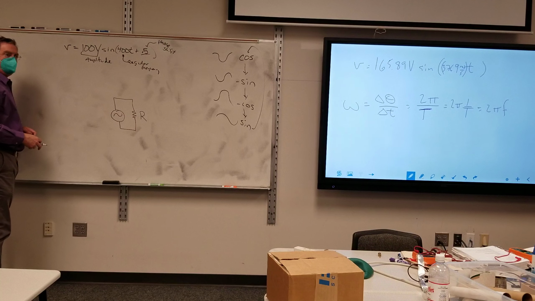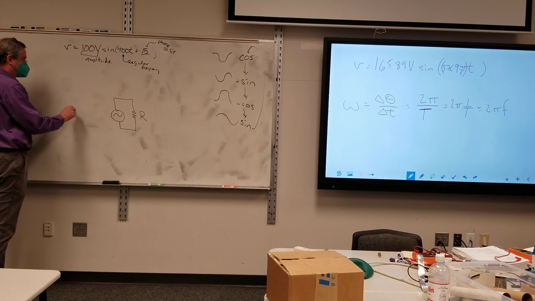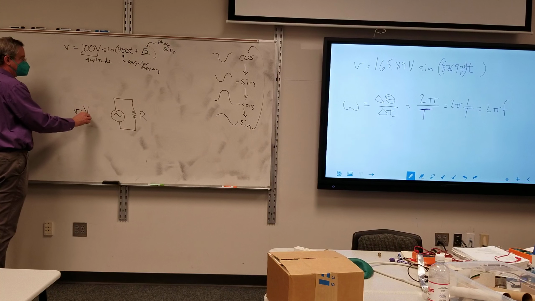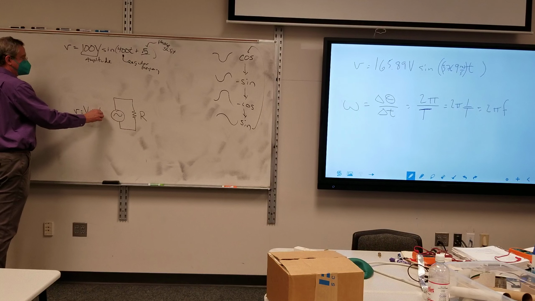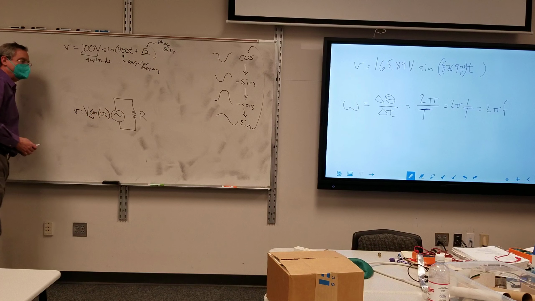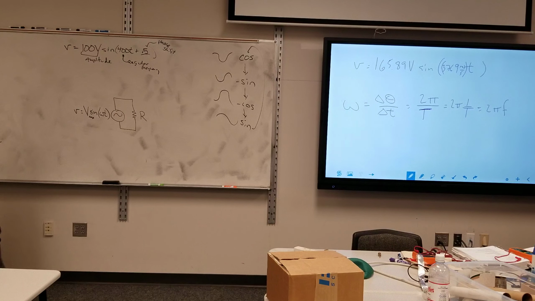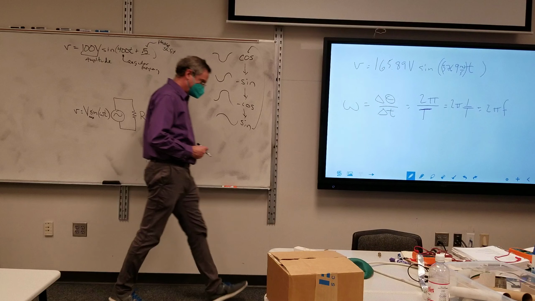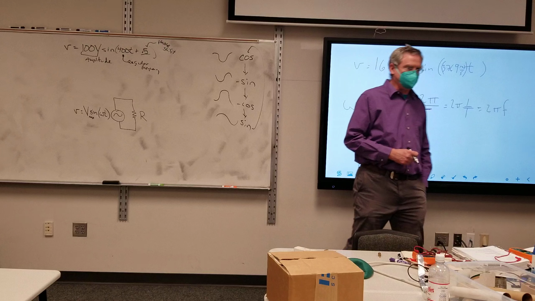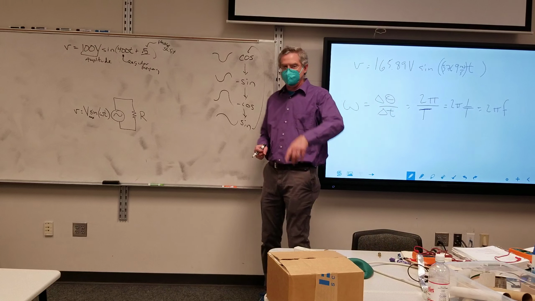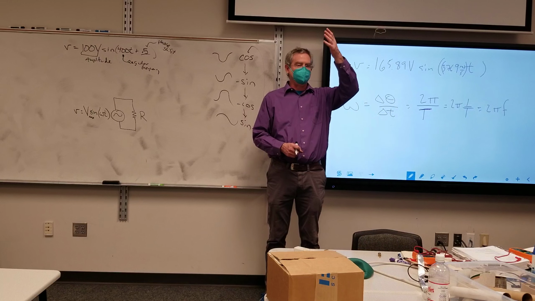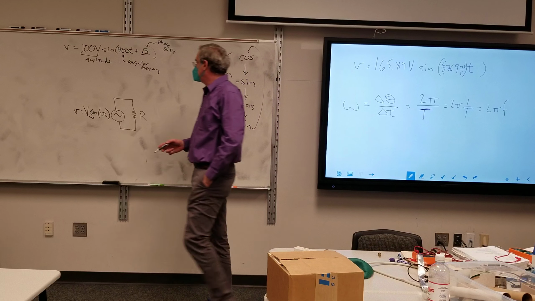So I'm just going to come up with some generic formula here. I have some voltage coming from an AC power supply that is some Vmax sine or cosine of omega t. Kirchhoff's rules apply, that the sum of the voltage going around, whatever gains there are, we're going to have a loss.